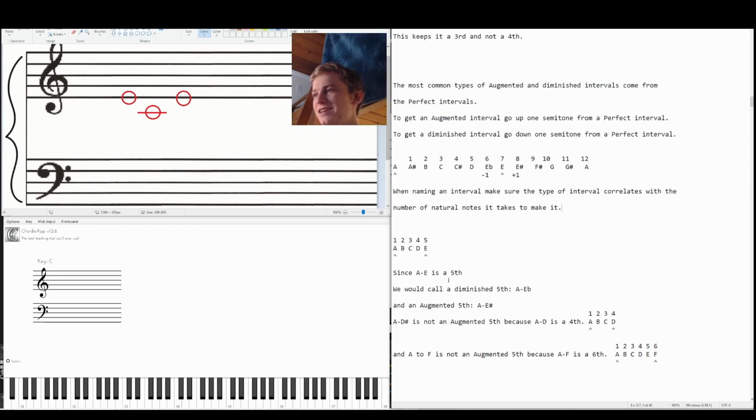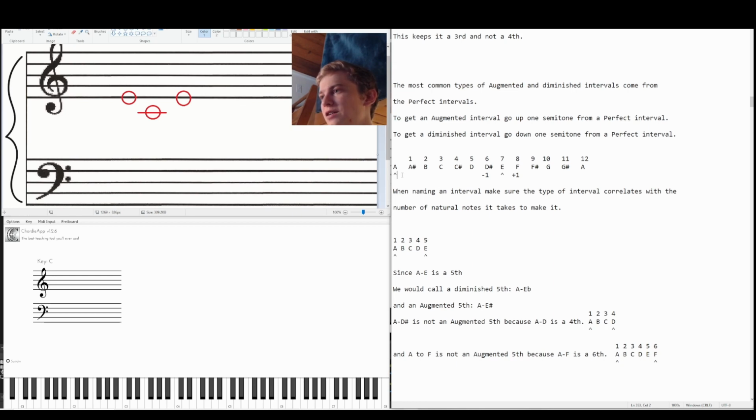Since A to E is a fifth, we would call a diminished fifth A to E flat. Okay? So let's rewrite this real quick here, how we'd normally see this. So normally if we were looking at this, we're going up a fifth, but in semitones. Okay? So we're going up a fifth in semitones.